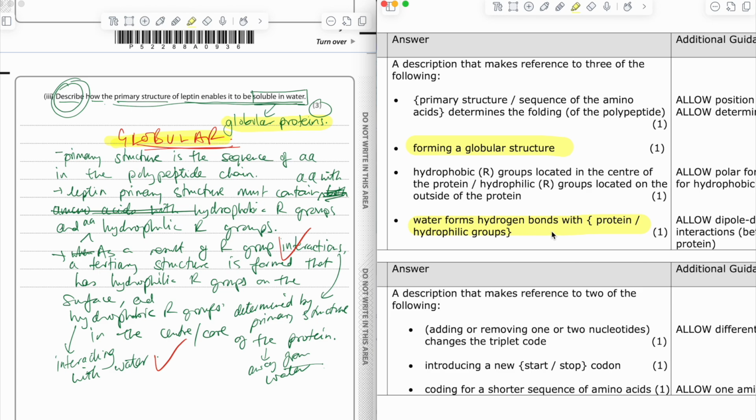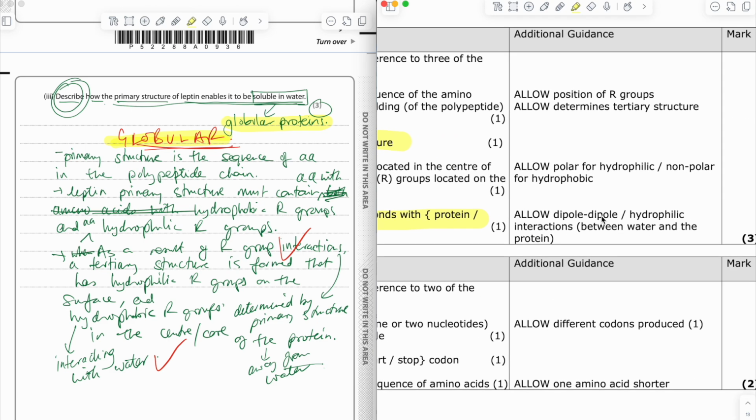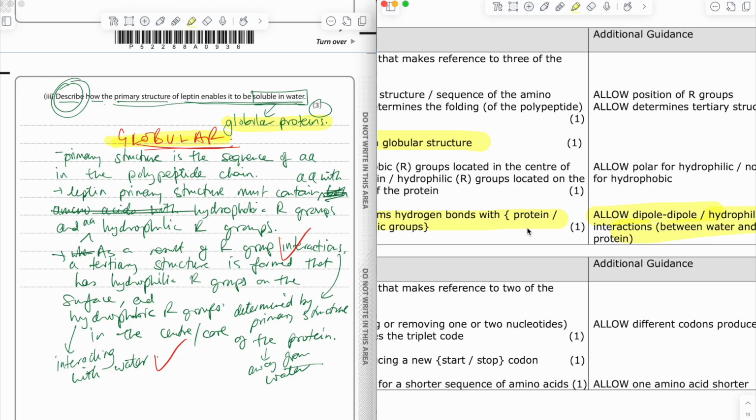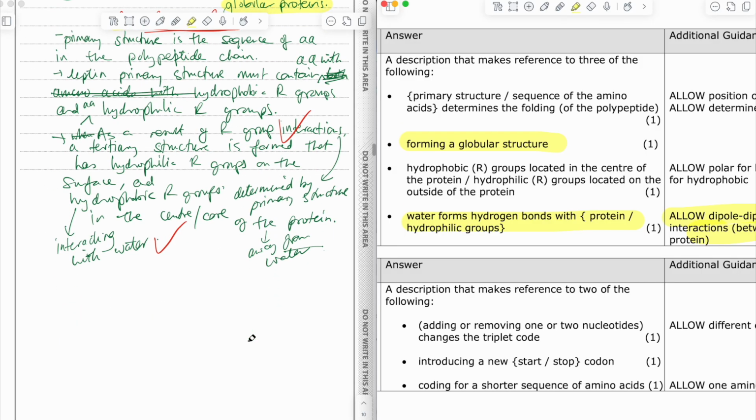I mean, it could be, but I don't always think like that. Dipole-dipole interactions is fine. Hydrophilic interactions? Okay, I will remember that for the future: we do need to describe the interaction that water has with these molecules, not just say that water has an interaction. Okay, learned my lesson.